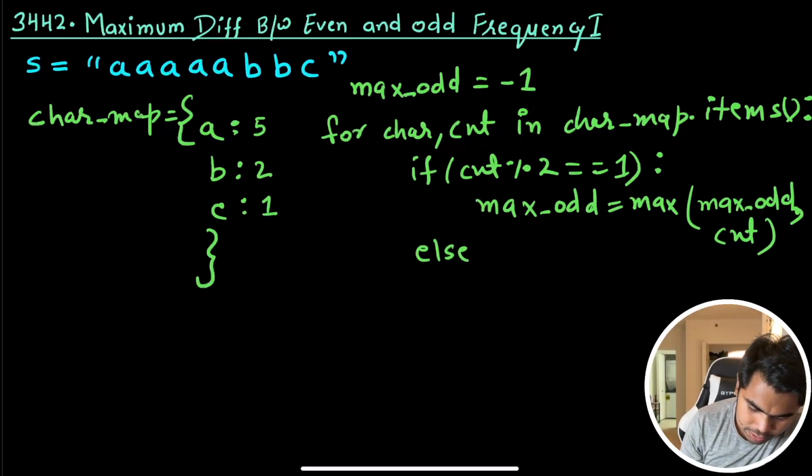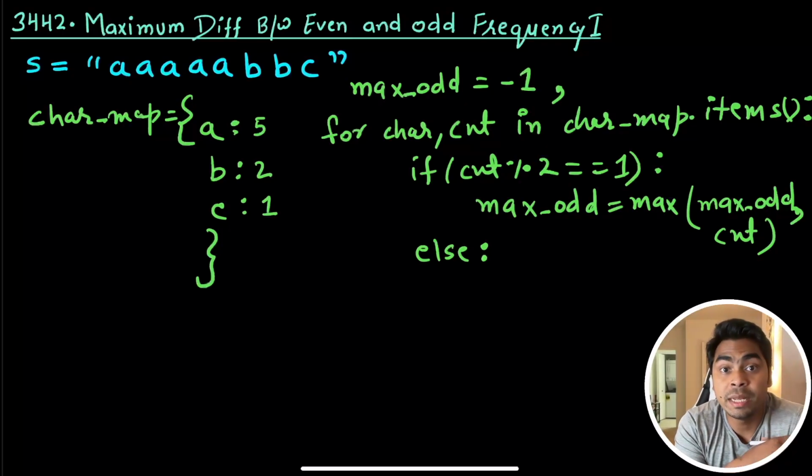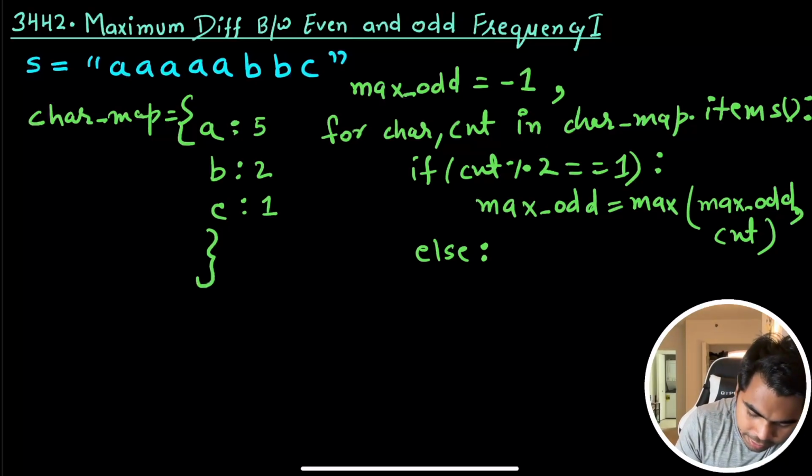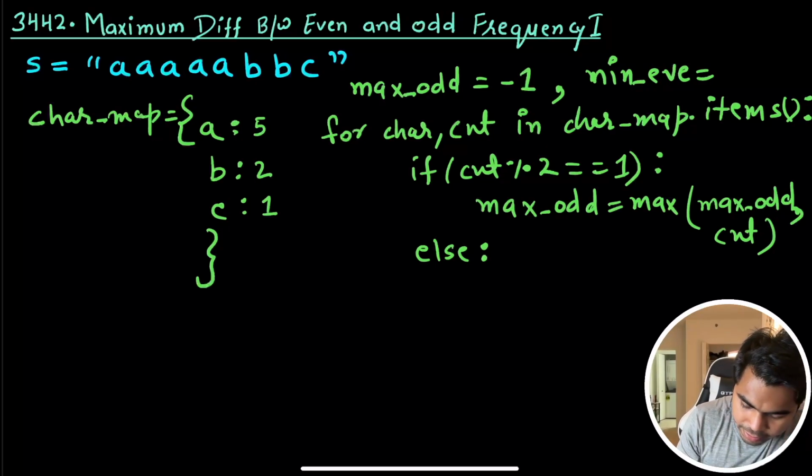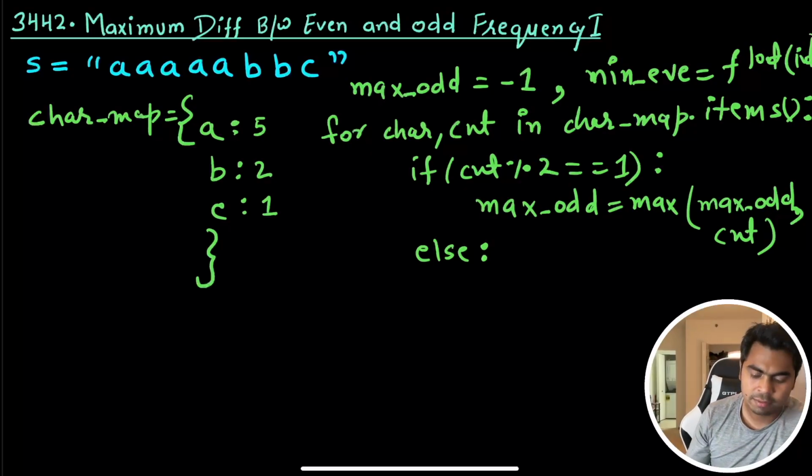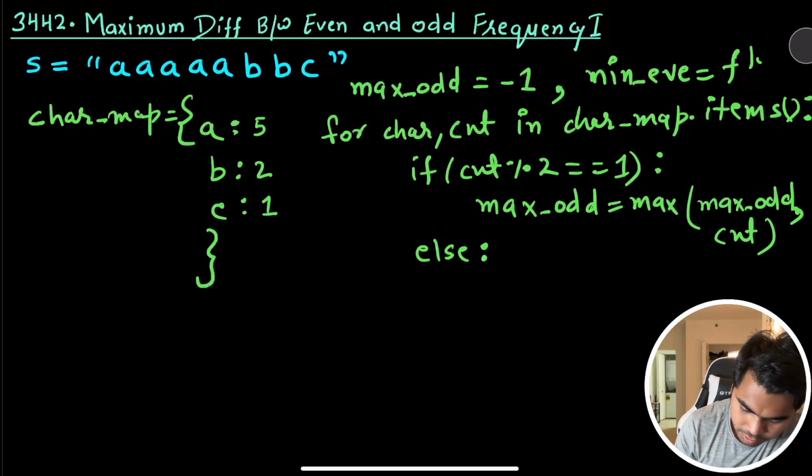Else, I'm seeing an even frequency. So for that, I can try to find a minimum even at this point. Min even, initially I will declare as float infinity. Just remember, this is infinity I'm talking about, so I'll just delete this and write inf.